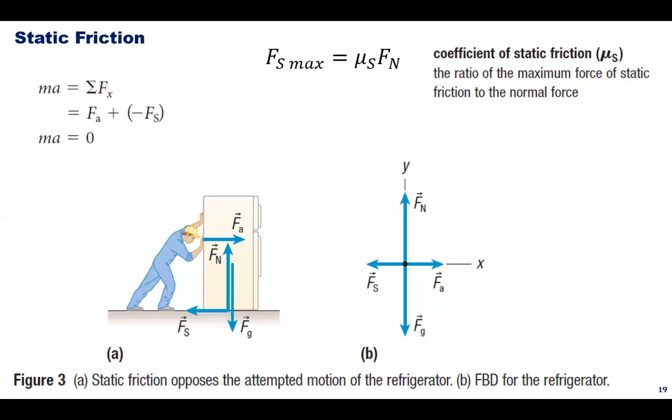Since the acceleration is then zero, the force of static friction and the force of the push cancel each other. Then we have the following relationship. ma equals the net force along the x-axis. Well, ma equals 0, then Fa should equal Fs, right?